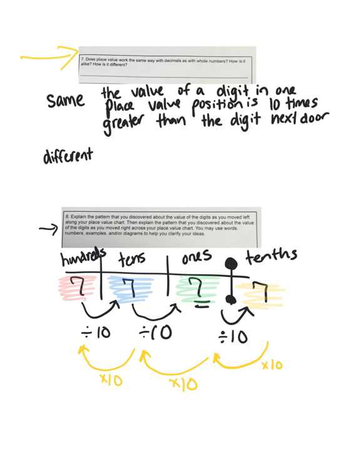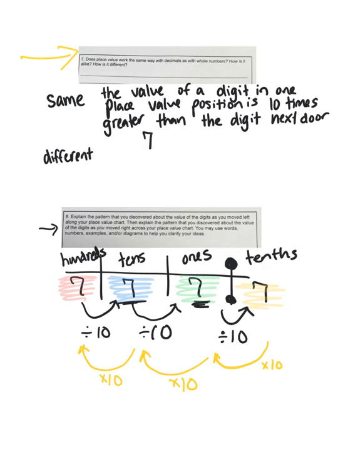is 10 times greater than the value of the digit in the next place value position. So each digit's next door neighbor is 10 times greater. And that is true whether you're talking about whole numbers, like here, the 7 in my tens place is 10 times greater than the 7 in my ones place.